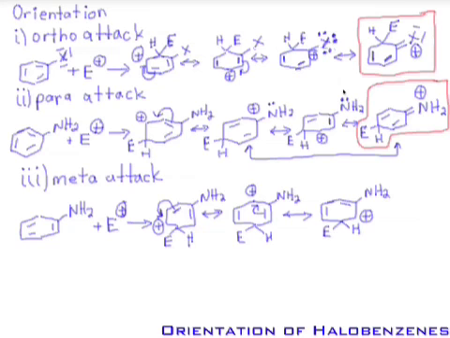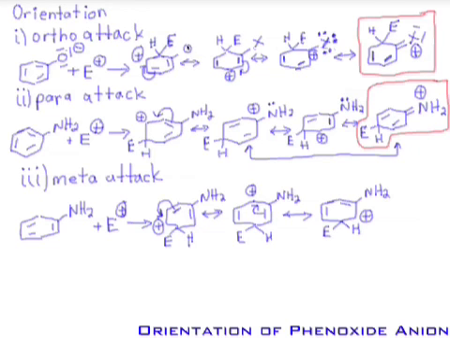This type of set of resonance structures explains the orientation of attack, why we have ortho para directors for oxygen, nitrogen substitution, and even the halogens. Even O- can be explained this way. Replace the X with an O-.